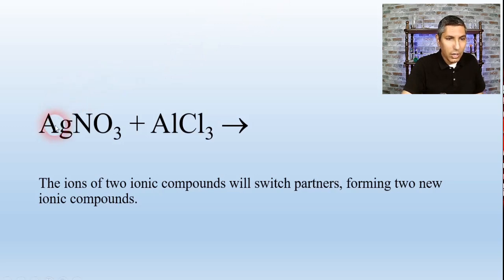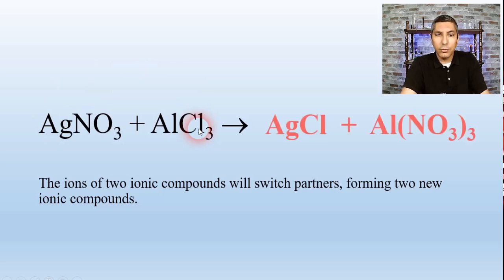So Ag is going to pair up with the chloride ion, AgCl, and those charges cancel out because silver is a +1 and chloride is a -1. Now on the other one, aluminum is going to pair up with nitrate to make aluminum nitrate. And aluminum has a +3 charge, nitrate has a -1 charge, so that's why we have to swap the charges and put the parentheses here. So those are the products for this example here.